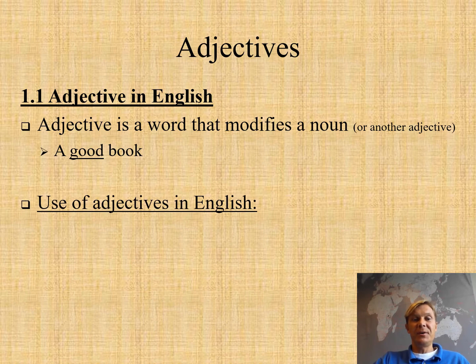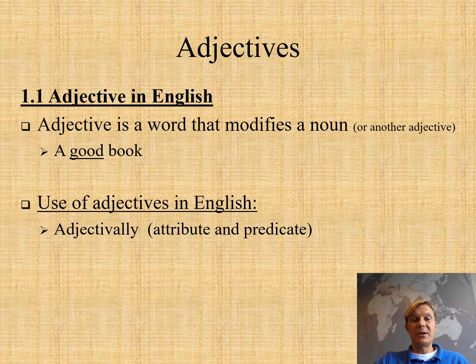We have different categories of adjectives used in English. We can use adjectives attributively or as predicate, and we can use them substantively. These same categories we'll also find in Greek.